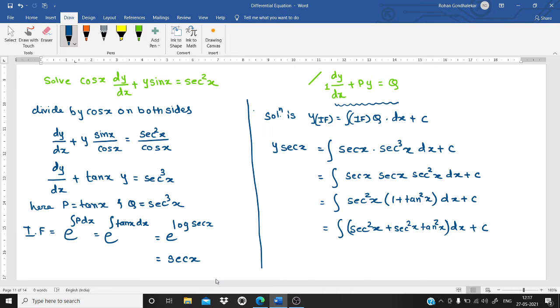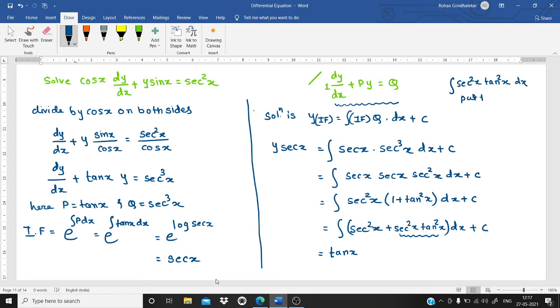Now, from the first term, that is sec square x, the integration is obvious. What is the integration of sec square x? Which is tan x. Now we need to calculate the integration of the second term. I'll show it separately: integration of sec square x into tan square x dx.